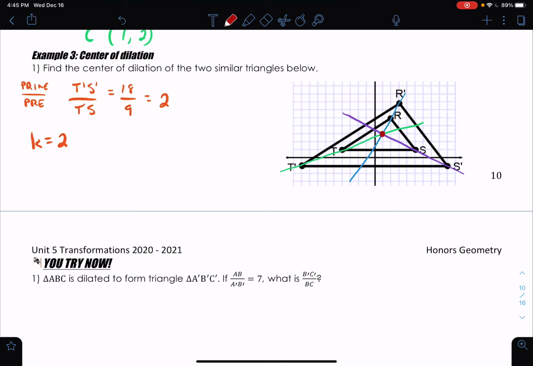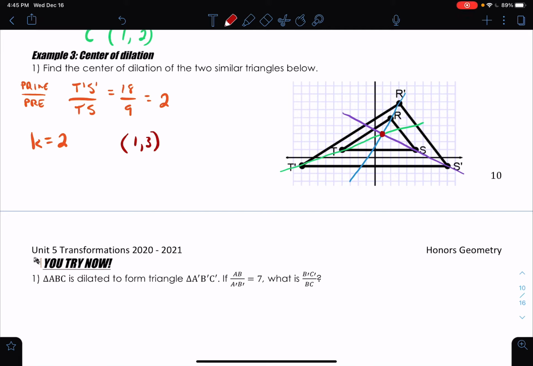Okay? So all of those lines intersect at that point, and that point is 1, 3.